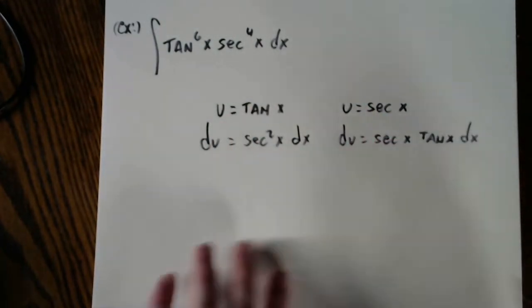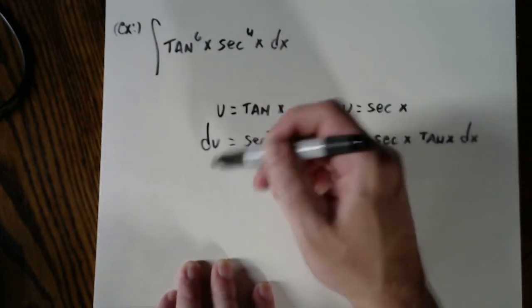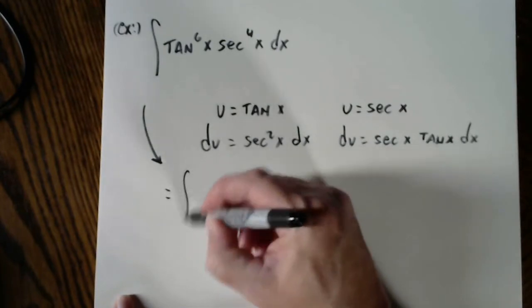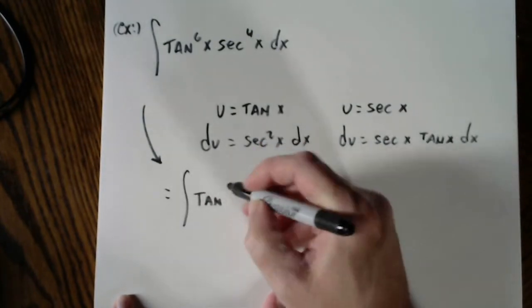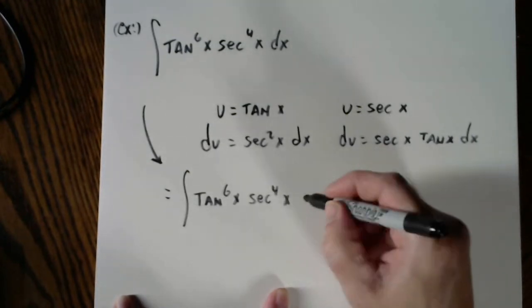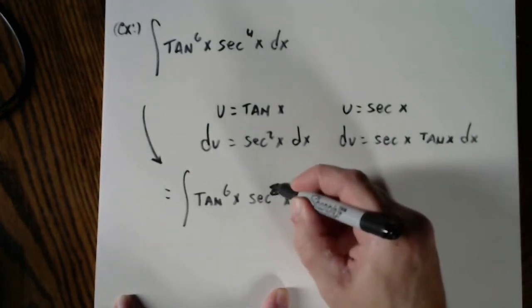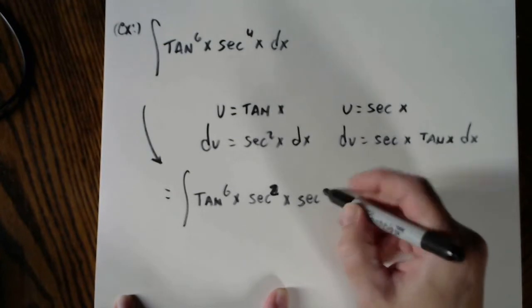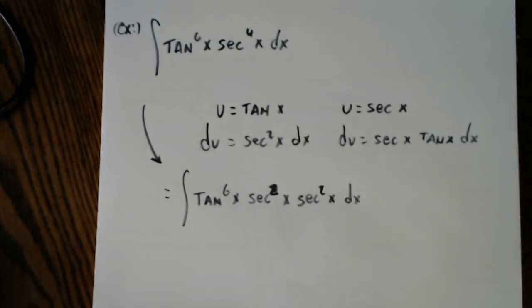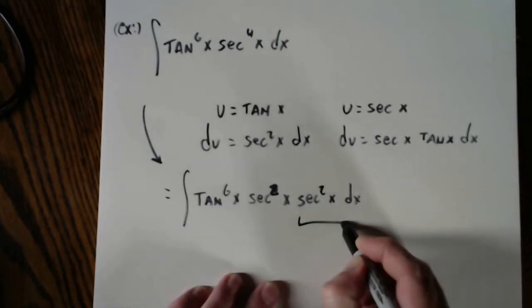So if I were to choose to go this path, my du has to be a secant squared. So I would have to break off 2 secants from 4. That's a 2. I'm sorry, I break 2 off. Okay, that's a 2. So this can be my du now.